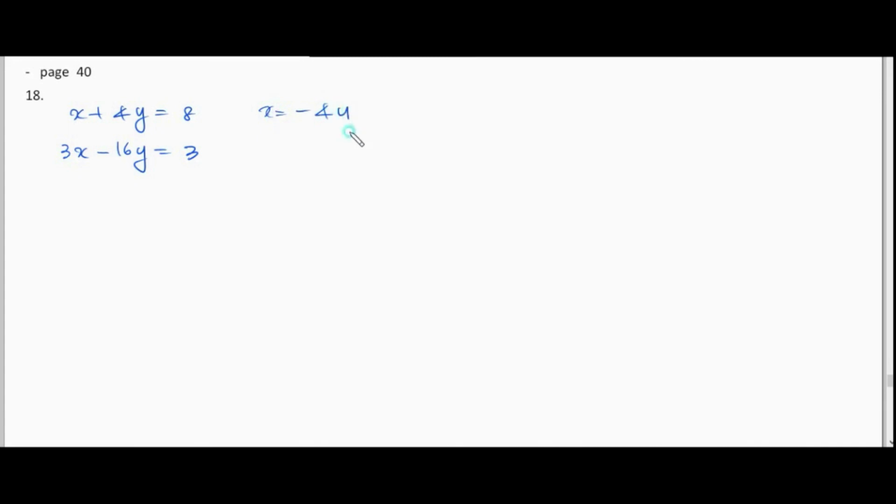In this case, x equals negative 4y plus 8. And then we can substitute this x into the other equation, in this case this equation right here. So then this will be negative 4y plus 8. This is the exact moment the substitution happens. And then this will be 3 multiplied by negative 4y, so negative 12y plus 24 minus 16y, and that equals 3.